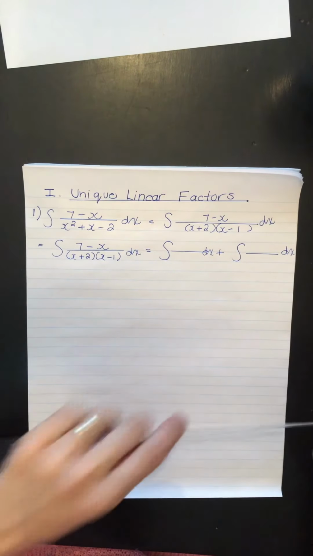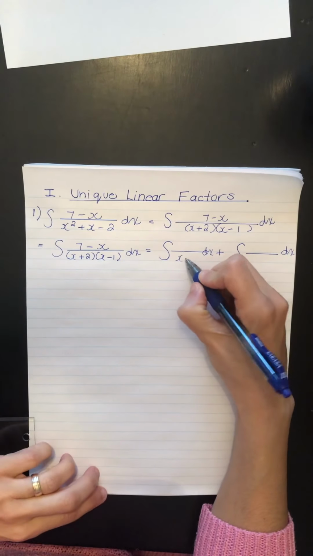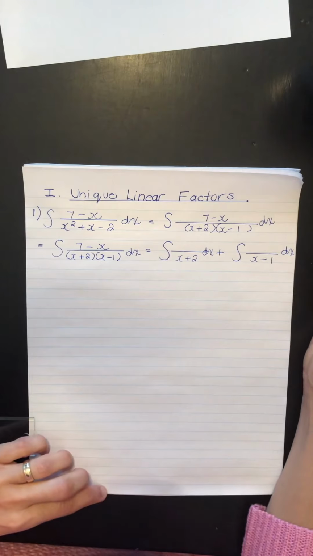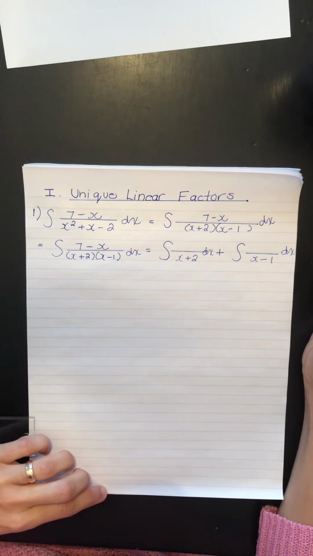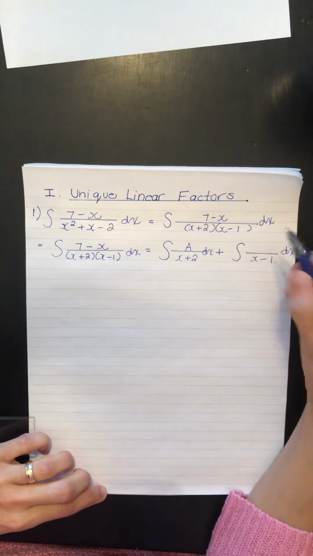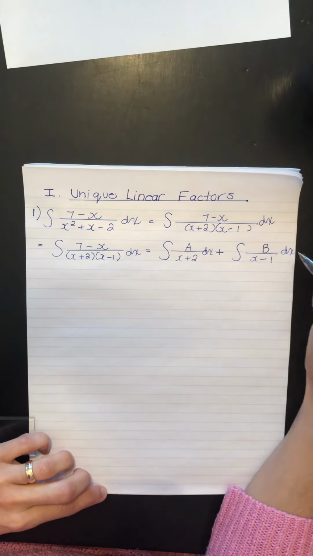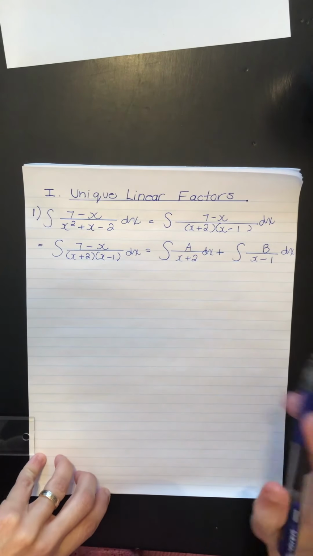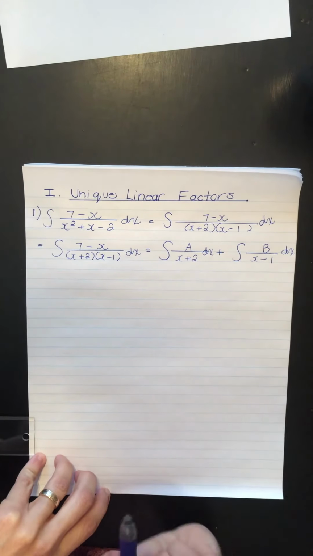And in one fraction, we include the denominator x plus 2, and the other will have a denominator of x minus 1. So the numerators will have single letters on top, just like our formula sheet indicated. We'll put A in one and B in the other.